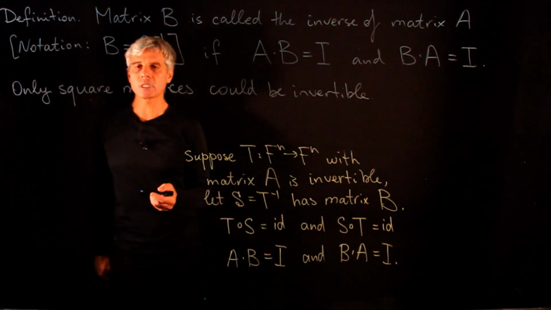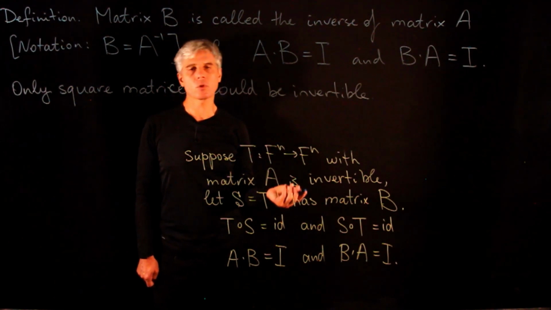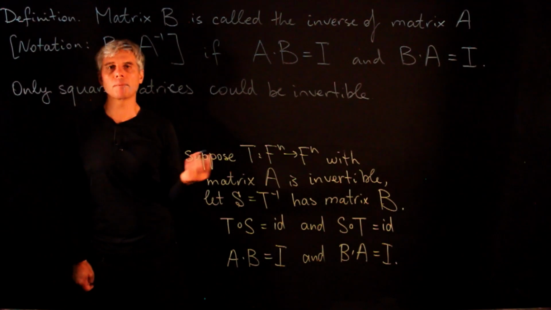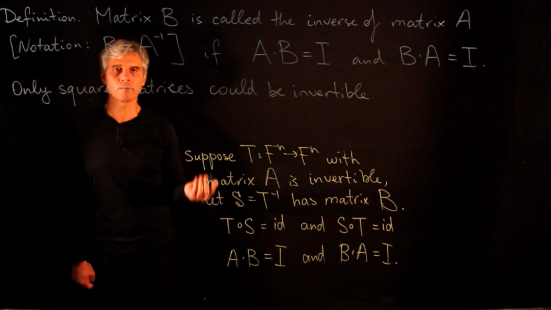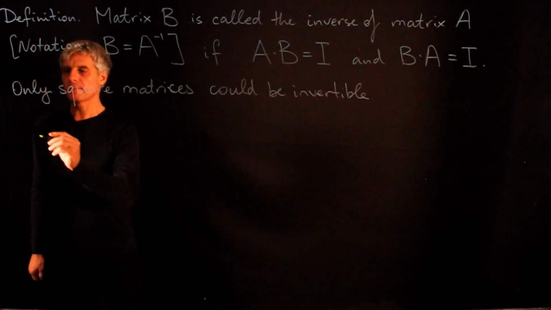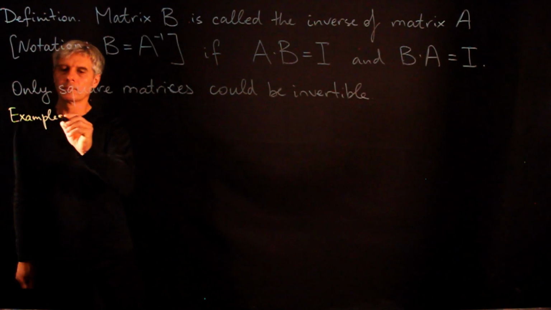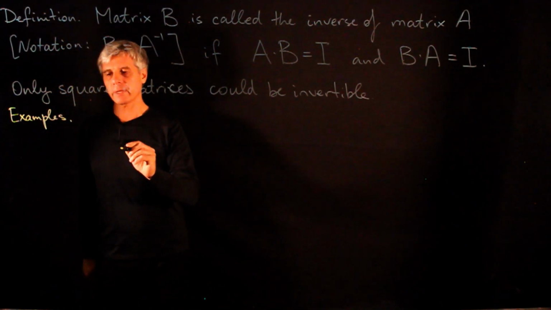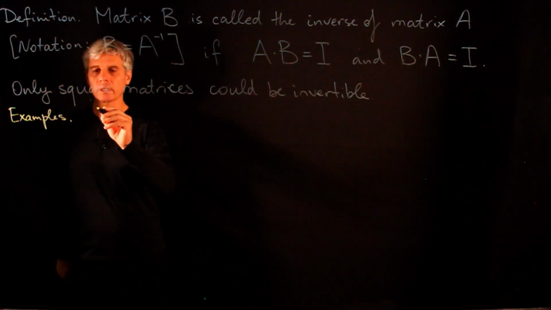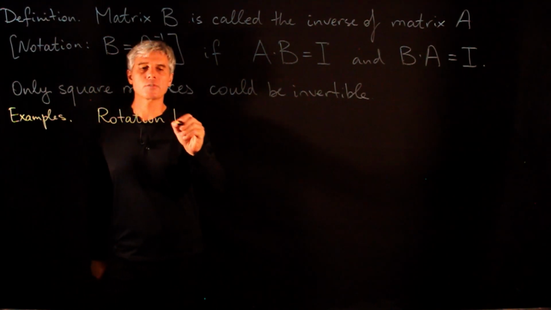And square matrices, some of them would have an inverse and some wouldn't. So this depends on the reduced row echelon form of a matrix. Let us now look at some examples. So let us consider the following transformation. So rotation transformation.